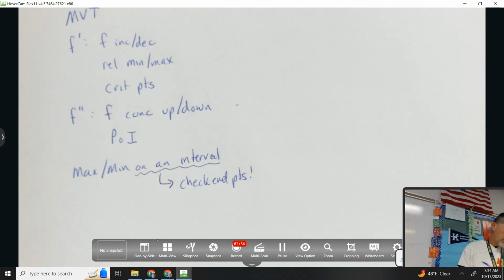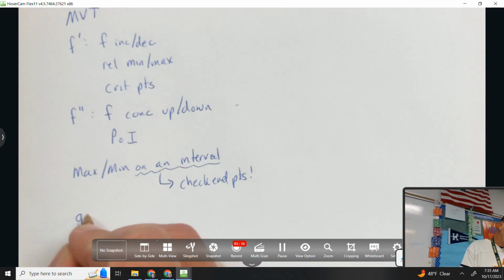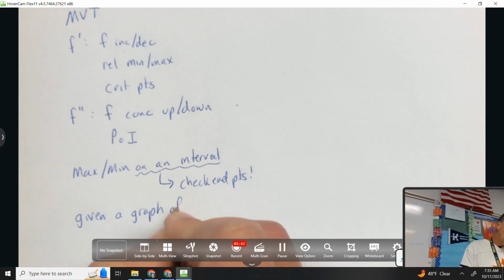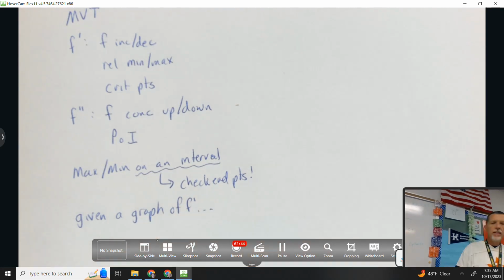And then several, I think I counted 4 or 5, given a graph of f prime. That's what we just did. Because if you have the graph of f prime, you can say things about increasing and decreasing. You can say things about concavity. You can say lots of different things.